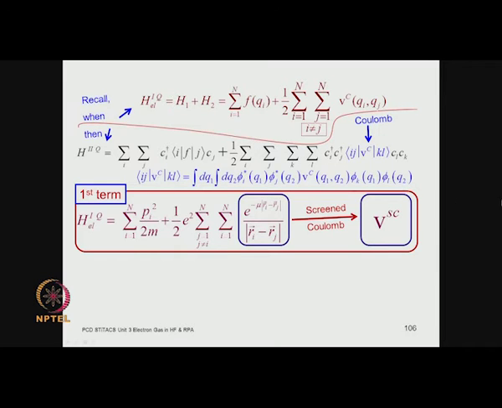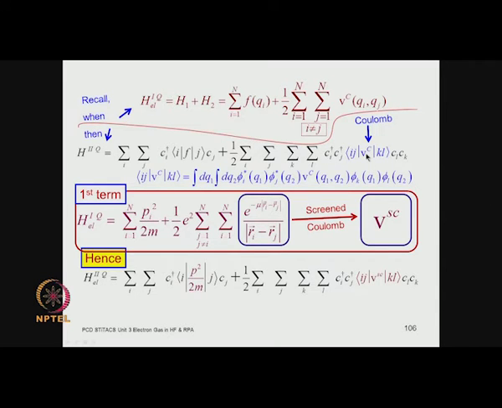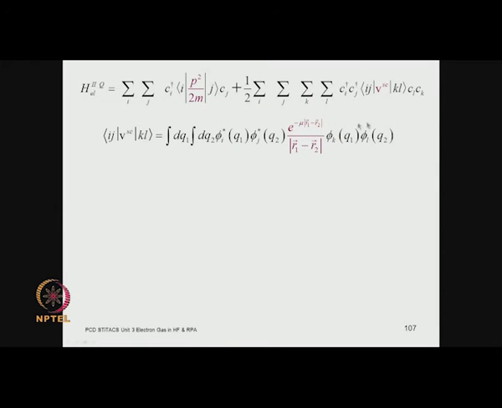We straight away take this result and just replace this V C by the V screened Coulomb. So, this two center integral becomes the screened Coulomb interaction here. Okay, so, we directly exploit the result that we have obtained earlier. So, this is what we have got.